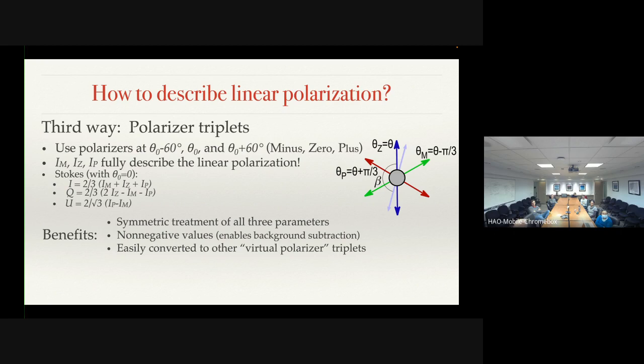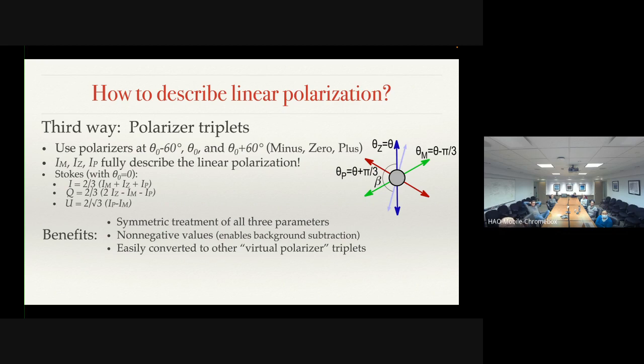I like representing polarization with triplets. The reason is it's symmetric. You have 3 intensities, right? They're all exactly the same. They're all non-negative, so we can use it for PUNCH. And you can easily interconvert between different polarizer systems. So you can have a set of 3 physical polarizers to measure, but the equations work backward too.